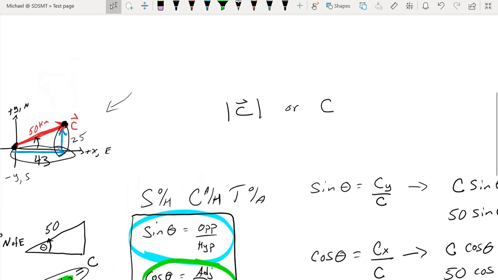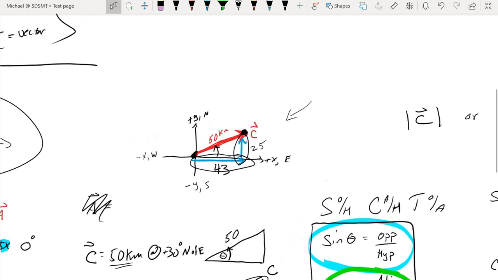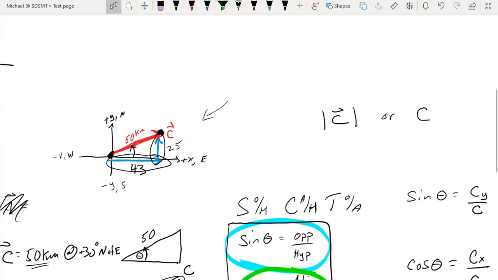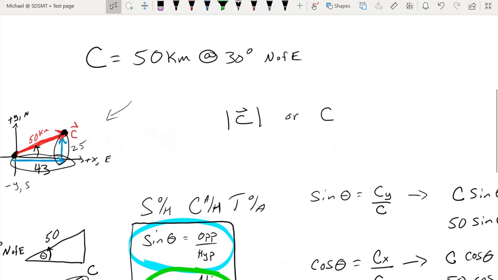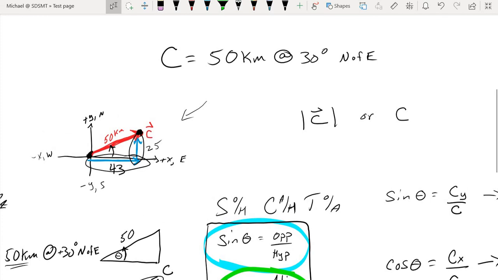Okay, well, we said that we wanted to represent this vector C in an alternative manner. Instead of saying that vector C was 50 kilometers at 30 degrees north of east, is there another way that we could describe it? Well, there absolutely is.